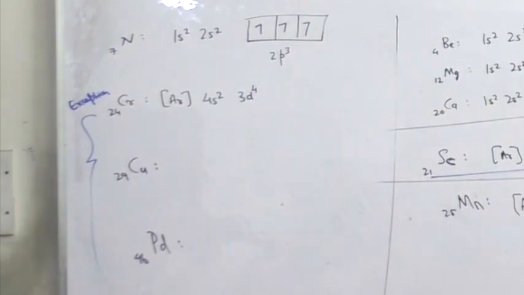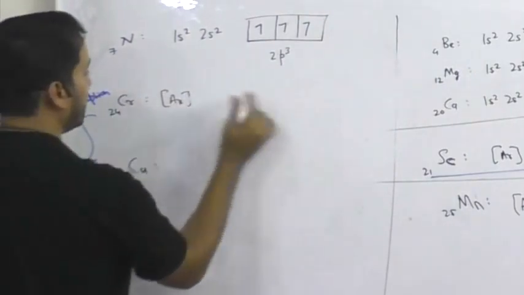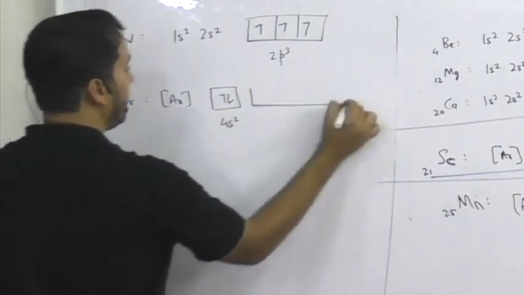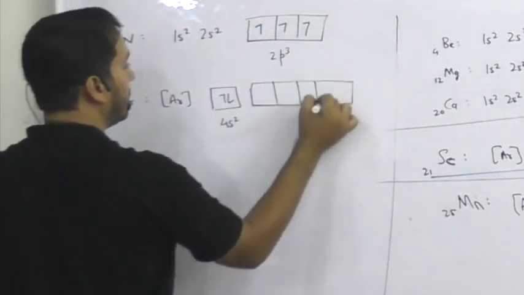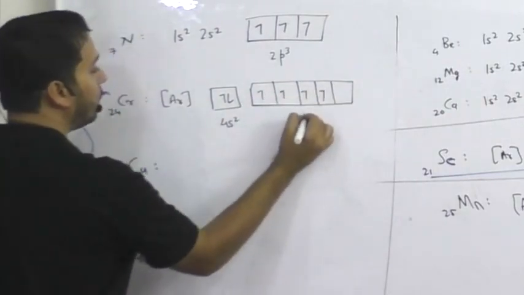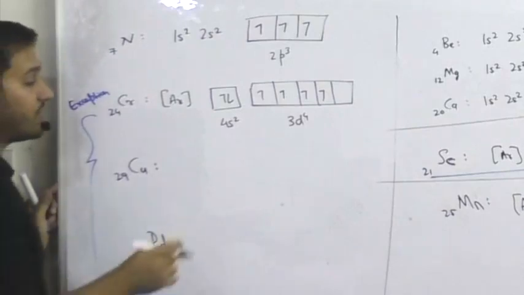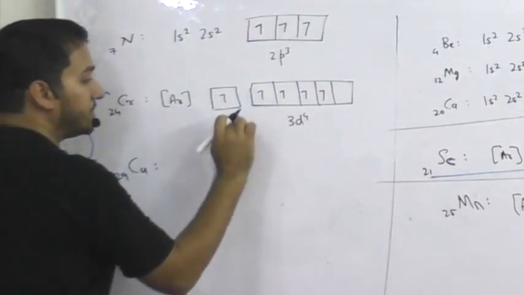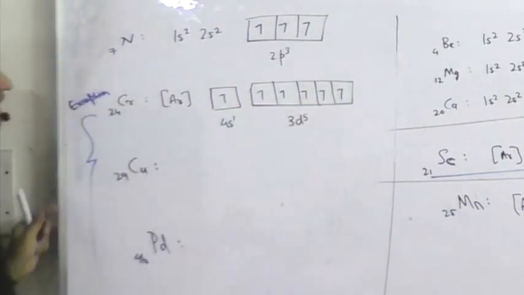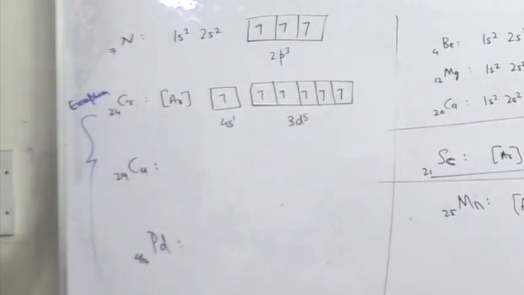Instead of being 4s2 3d4, this atom is 4s1 and 3d5.